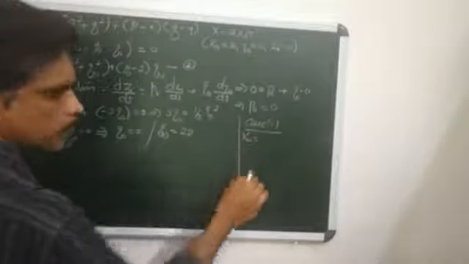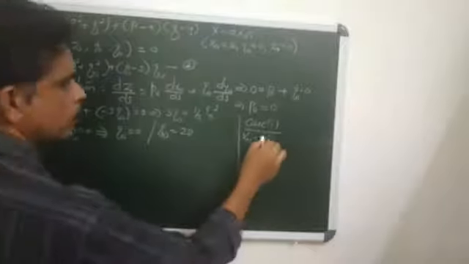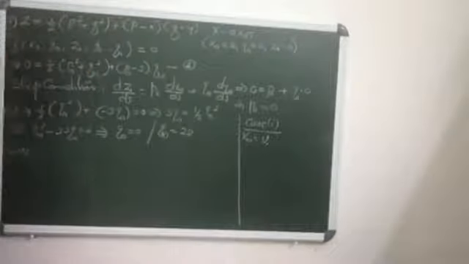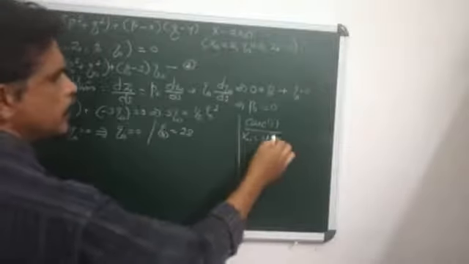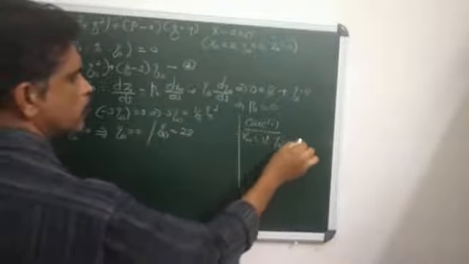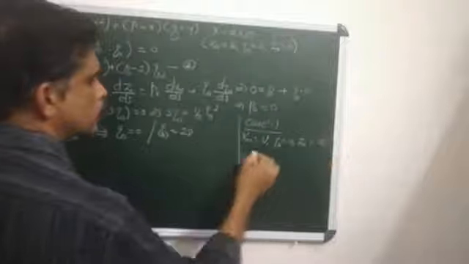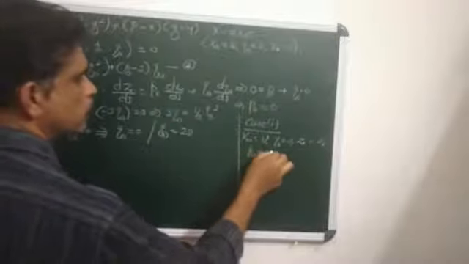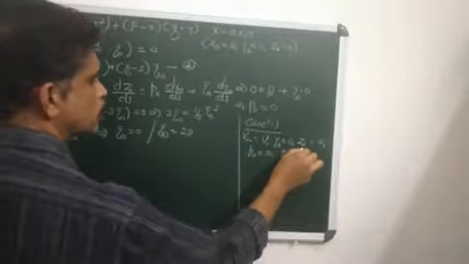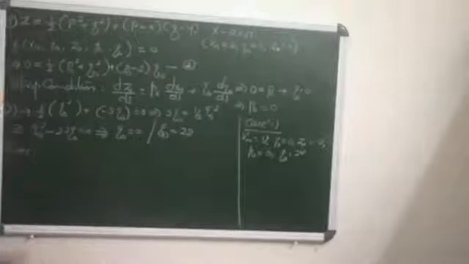Here the first case is, suppose x naught equals v, or s, whatever it may be. Then y naught equals 0, z naught equals 0, p naught equals 0, and q naught equals 2s, where s means v, so q naught equals v.